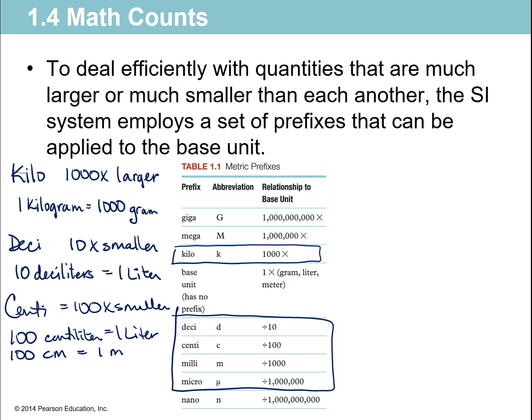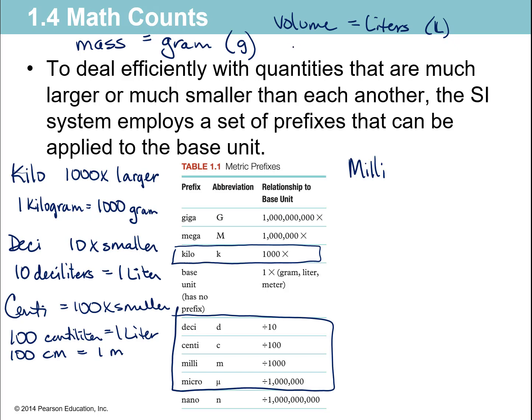The last two are getting really small. So we have milli. And remember I said if you're talking about mass, you use grams, and its abbreviation is always a G. If you're talking about volume, you're talking about liters, and its abbreviation is always an L. And oftentimes I capitalize it just because it doesn't look like a 1.